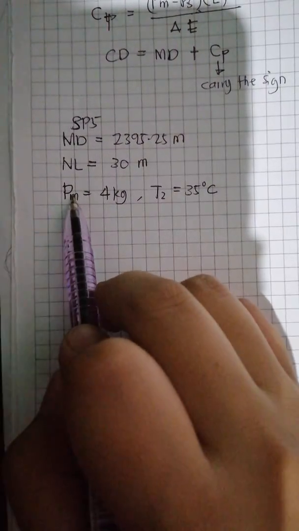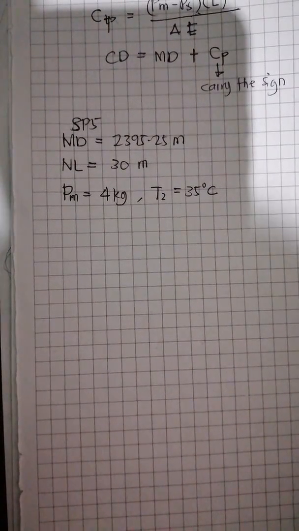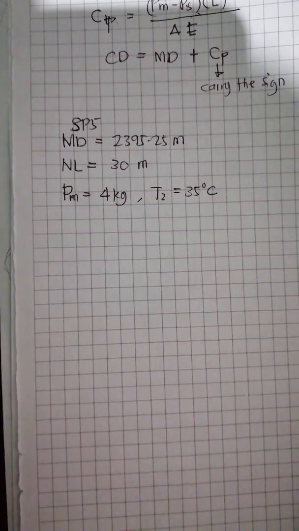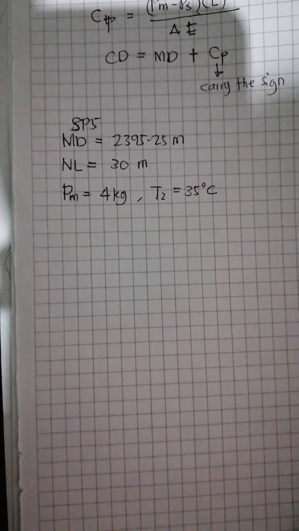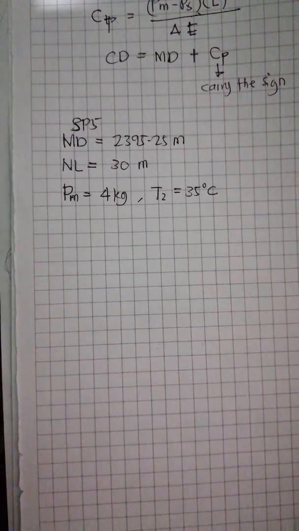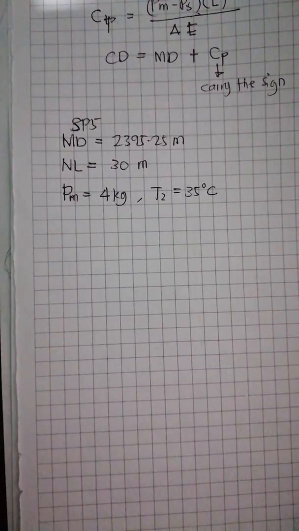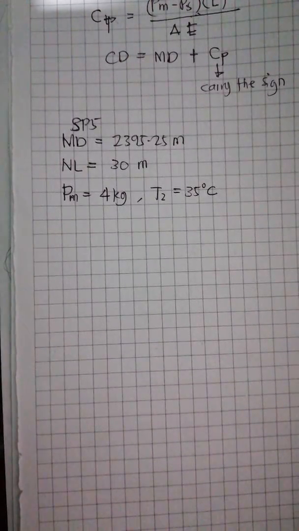Bakit siya PM? Kasi when you understand the statement, a line was determined to be 2395.25 meters when measured with 30 meter steel tape supported throughout its length under a pull of 4 kilograms. So, yung pull 4 kilograms is during measurement and also the temperature 35 degrees Celsius is during measurement.